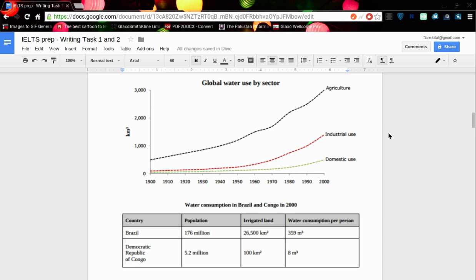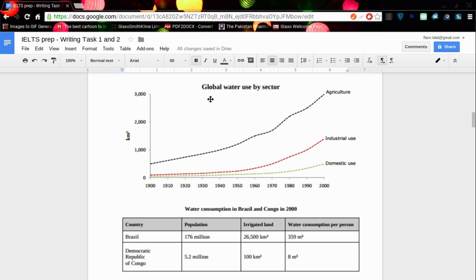So as we look at this, it's the global water use by sector. I recommend that you take the first 5 minutes to plan and the other 15 minutes to write.